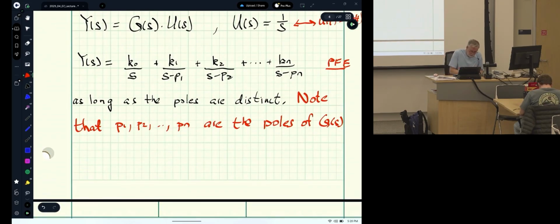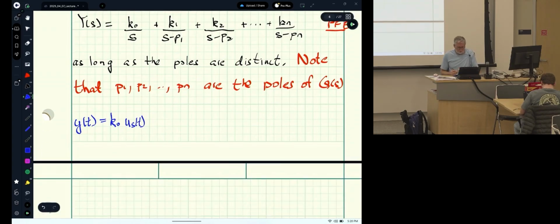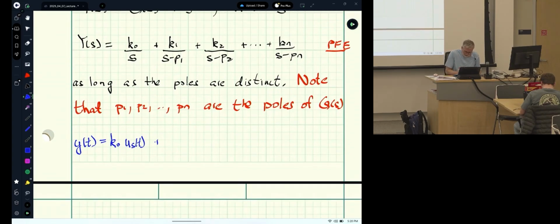So now what is y of t? The coefficient, we know we can do it. It's the limit as s goes to 0. We can get all those things. But, okay, so that's a constant term. And then let me just add all these guys up.